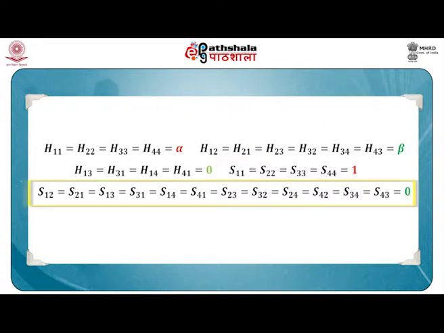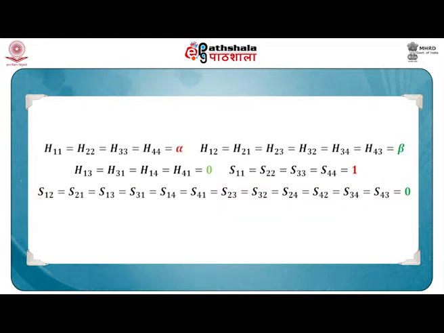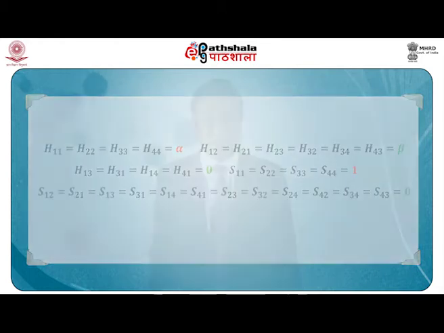Whereas S12, S21, S13, S31, S14, S41, S23, S32, S24, S42, S34 and S43 will all be equal to 0 individually. These are nothing else but the consequences of the Huckel approximations.